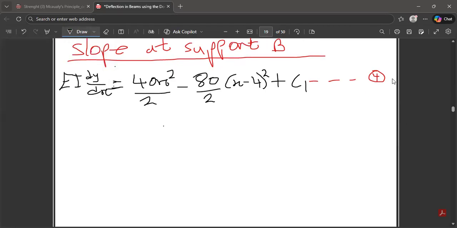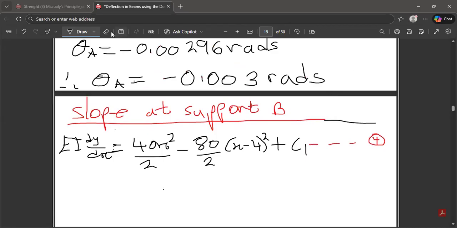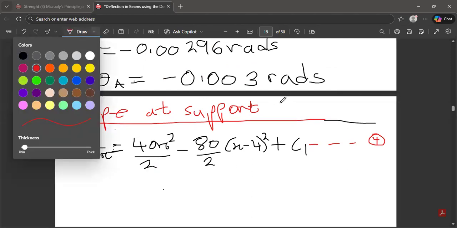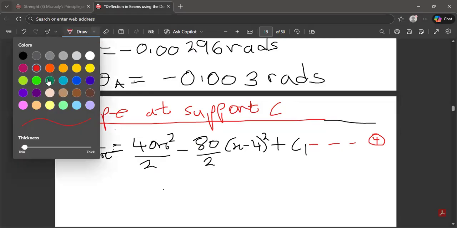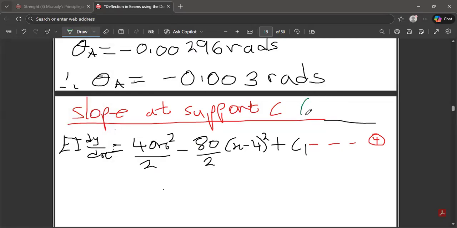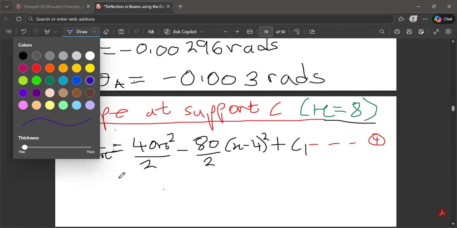So over here, we are saying slope at support B, no, it's supposed to be slope at support C rather, because that is where the support is. So the slope at support C, you realize that your x is equal to 8. If you substitute this 8 into the equation, what are you going to get?